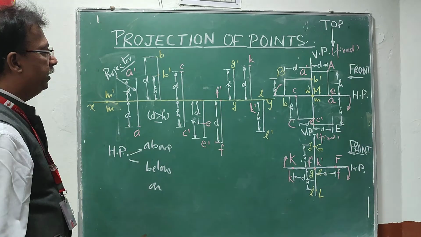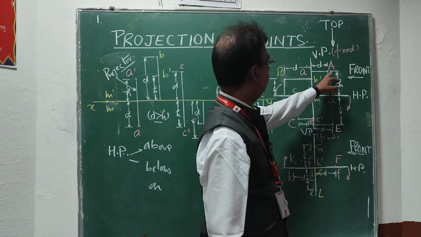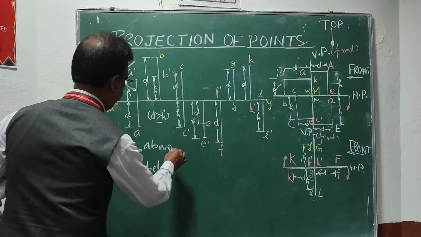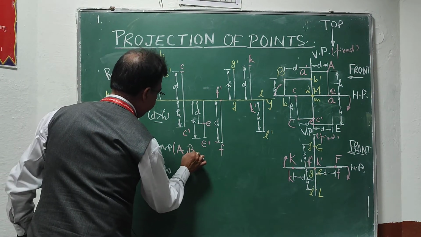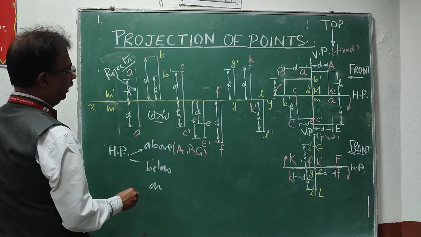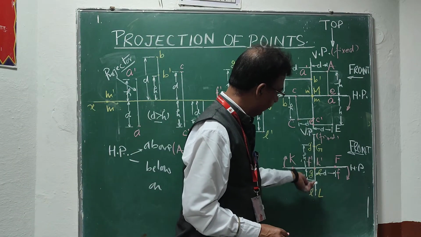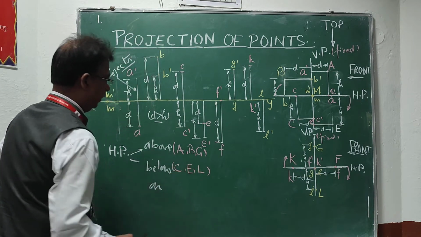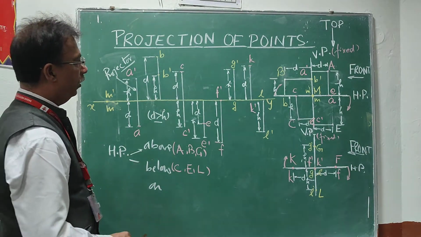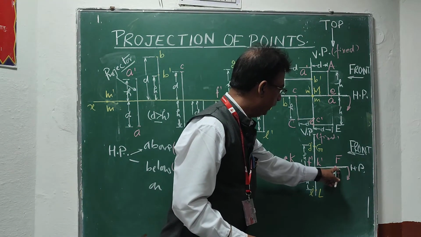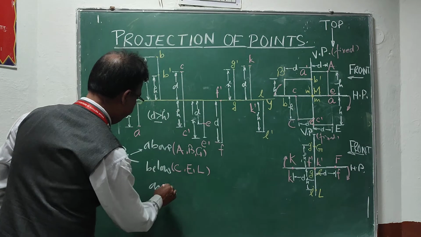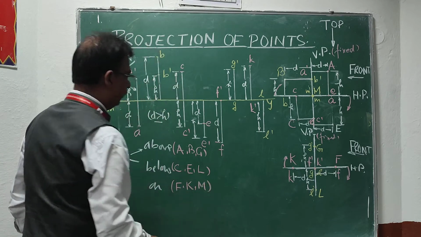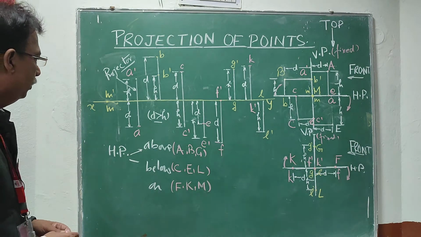In this figure, there are 3 points which are above HP, that is A, B and G. 3 are below HP, those points are C, E and L, and 3 points are on HP: F, K and M. So out of 9 points, 3 are above HP, 3 are below HP and 3 are on HP.